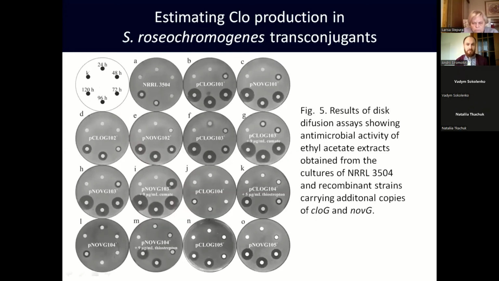Overexpression of both regulatory genes CLOG and NOG also had a really positive impact on levels of chlorobiocin production. The best results were observed while overexpressing NOVG under control of the QMAT-inducible promoter in the presence of 9 milligrams per milliliter of QMAT. This is plate I on the slide.